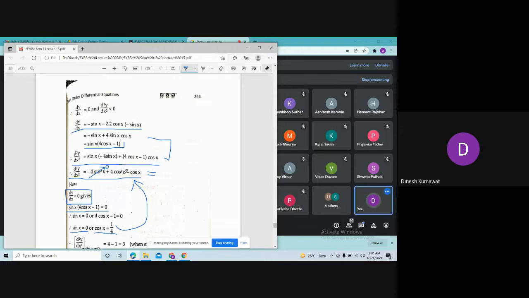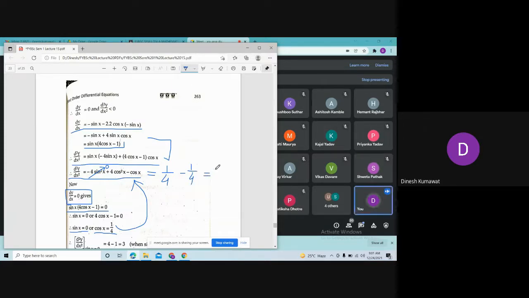What is cos square x? तो 1/16 हो जाएगा ना. 1/16 हो जाएगा और बाहर 4 से मल्टीप्लाई हो रहा है तो क्या बनेगा? 1/4. 1/4 माइनस cos x. क्या आएगा? -1/4.